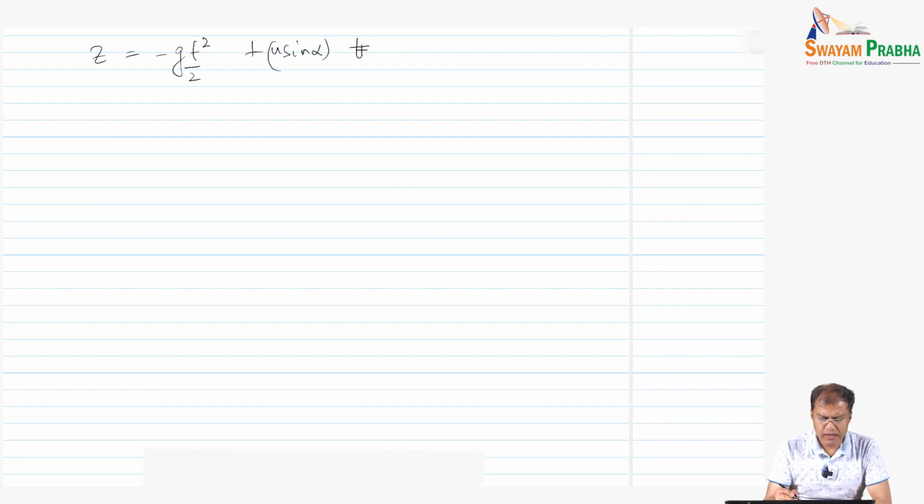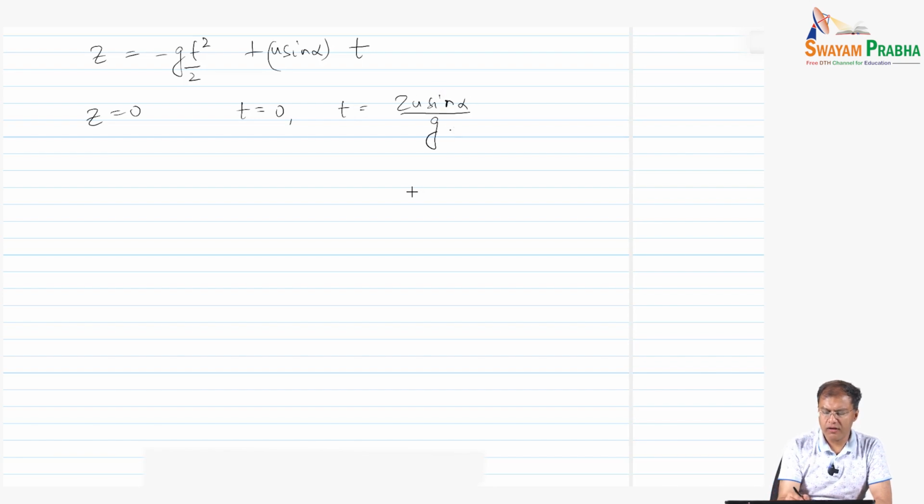And we see that from here, if we set our z component equal to 0, we are going to get two values of time. One is of course t is equal to 0, the trivial case, and the other time that we get is t is equal to 2u sin alpha by g, right?